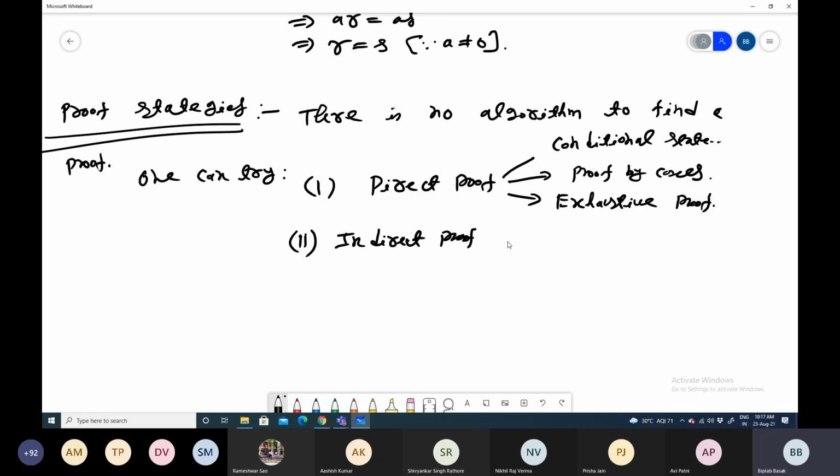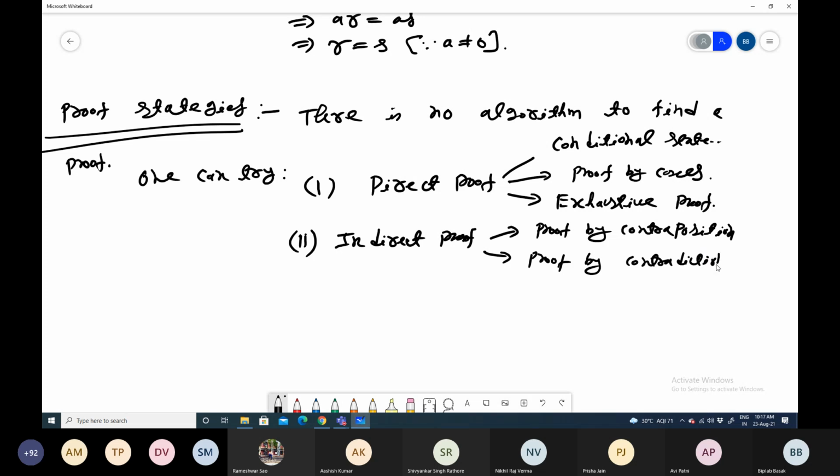So if it is a conditional statement, then one can prove by contraposition. And if it is not a conditional statement, then one can prove by contradiction. Now, if the direct proof and indirect proof both do not work, then one can try with these counter examples.